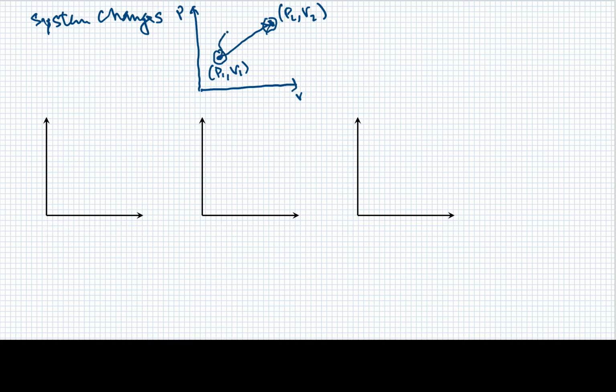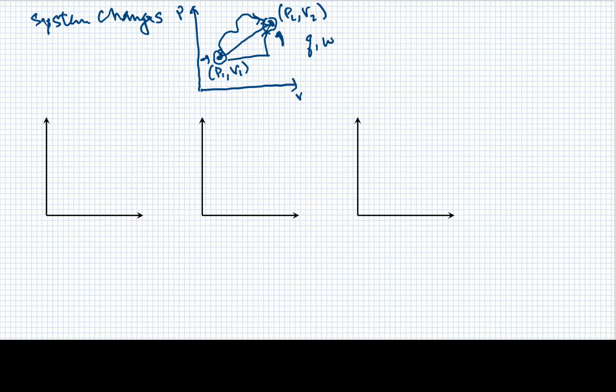The process could have followed this path to get there, or it could have gone this way to get there. However it goes from here to here won't affect the internal energy, but it will affect the heat and the work that are involved in that process. And that's why they are called path functions, because these are different paths that took me from an initial state here to a final state here.